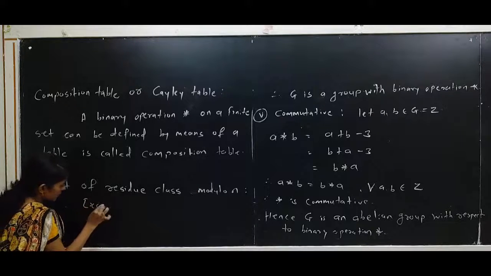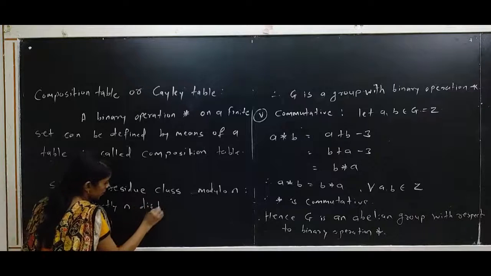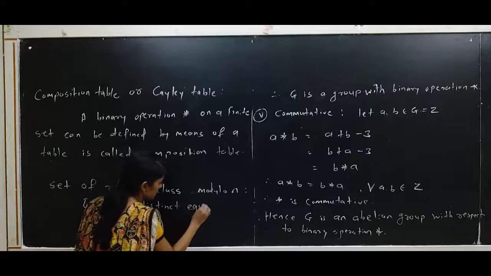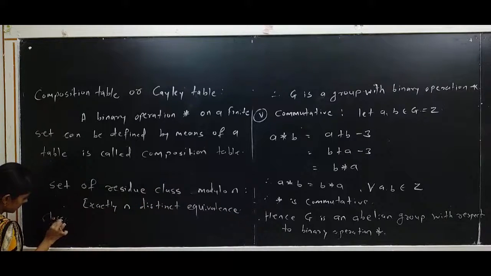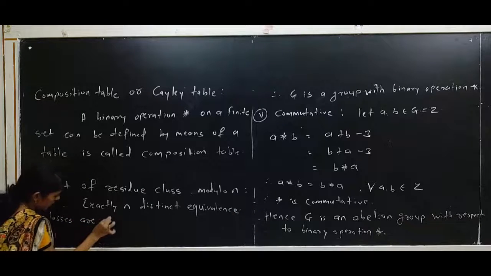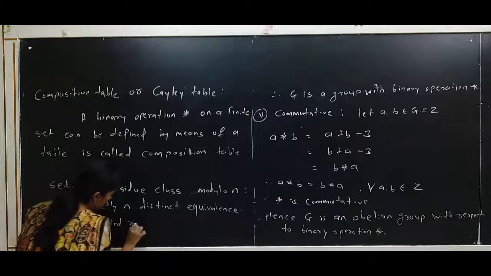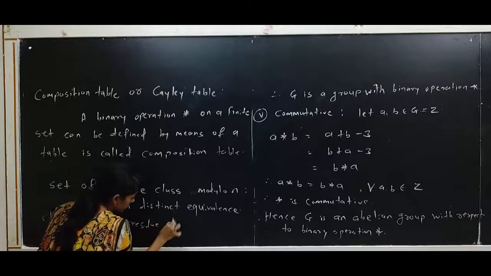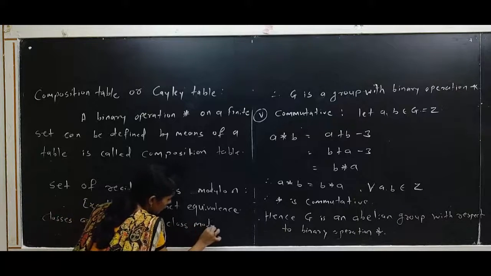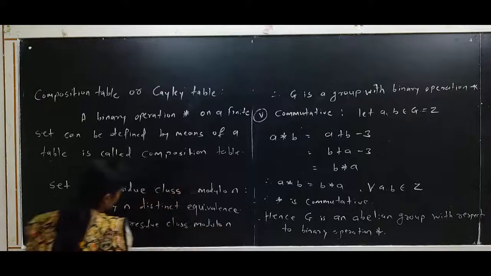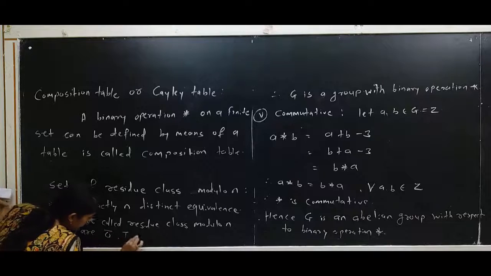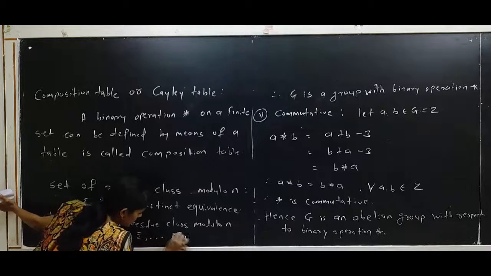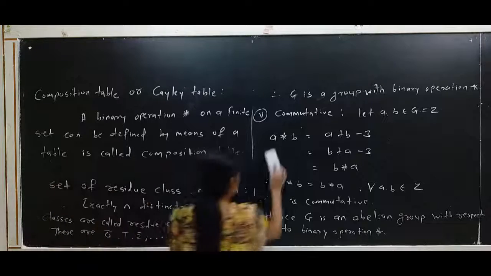Exactly n distinct equivalence classes are called residue class modulo n. There are 0 bar, 1 bar, 2 bar, and so on up to n minus 1 bar.